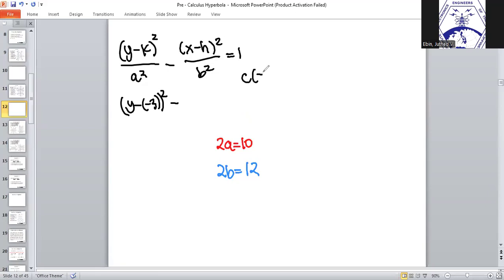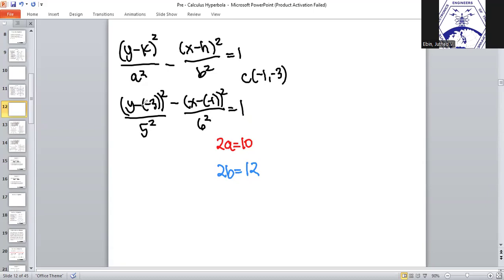Center natin is at negative 1, negative 3. So x minus negative 1 squared all over dito. Ang a natin is 5, 5 squared. Dito naman, ang b natin ay 6 squared equals 1.